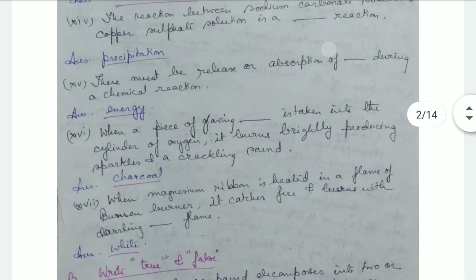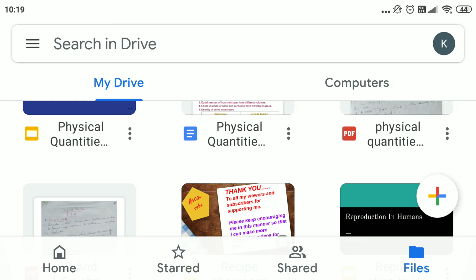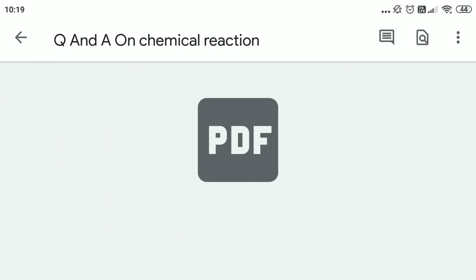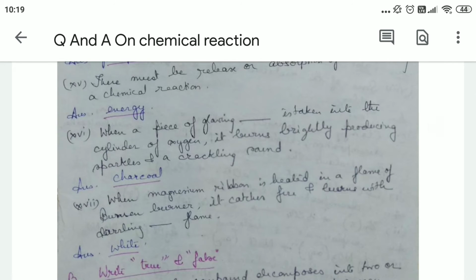When a piece of glowing charcoal is taken inside a cylinder of oxygen, it burns brightly, producing sparkles and a crackling sound.